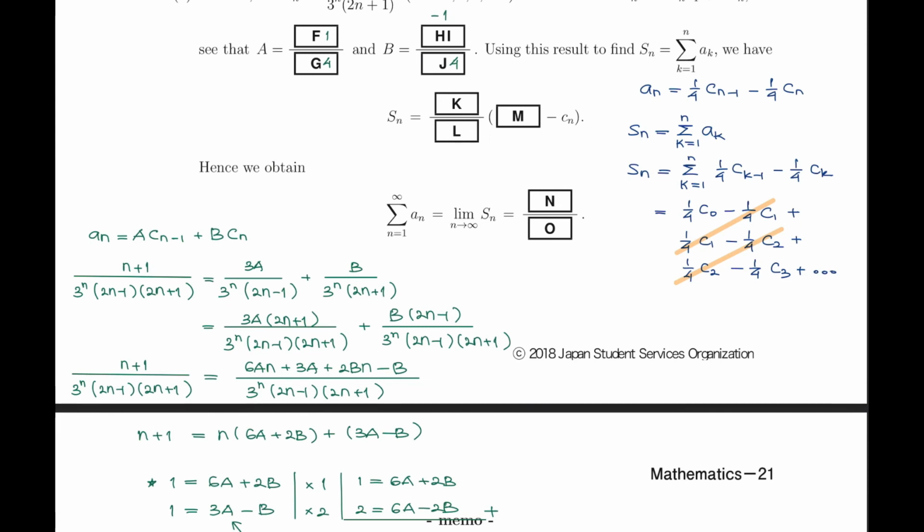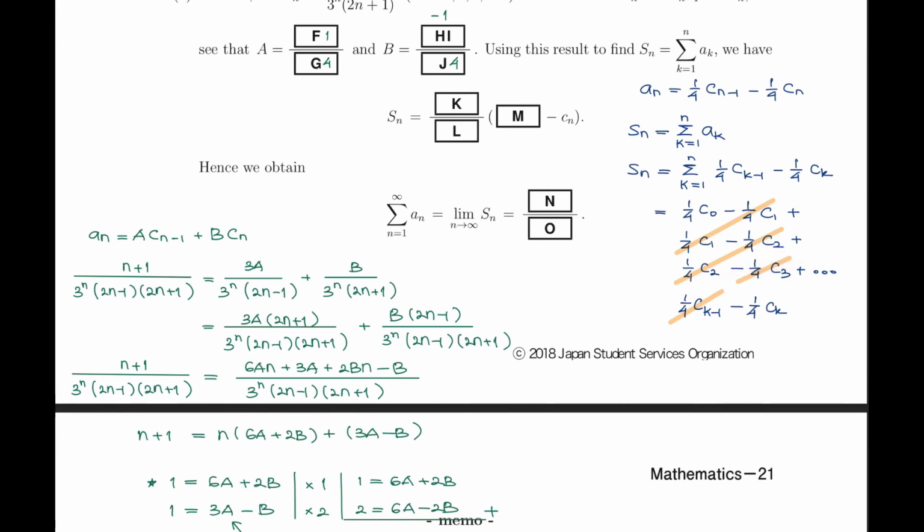If you do the same thing for the last term, when k equals n, I will get 1 over 4 Cn minus 1 minus 1 over 4 Cn.